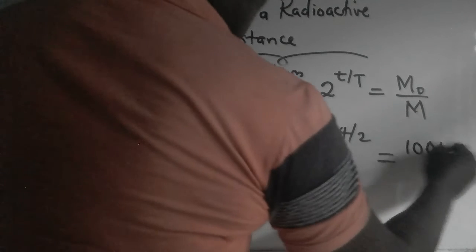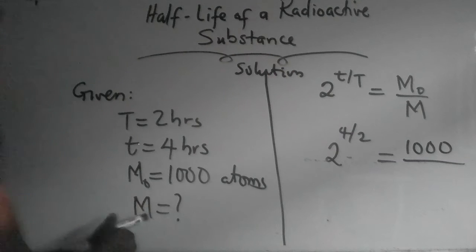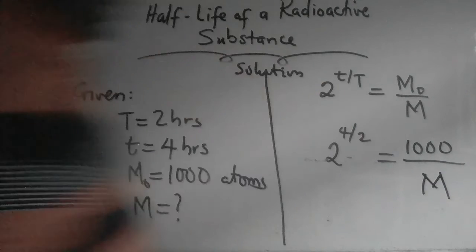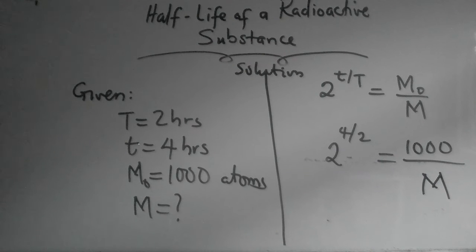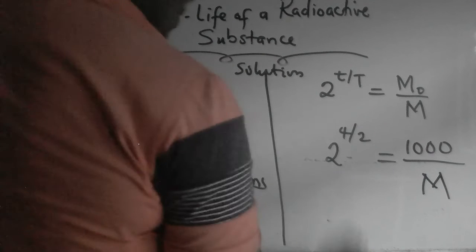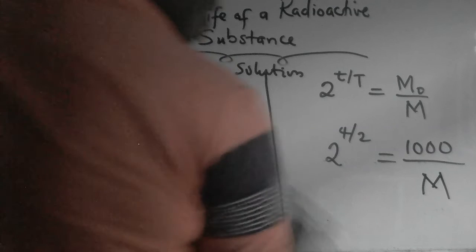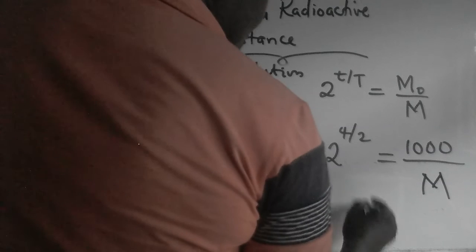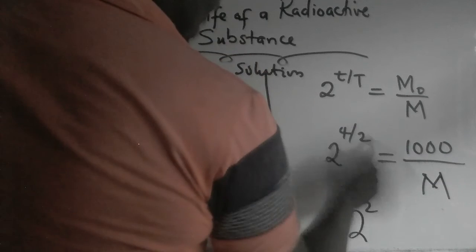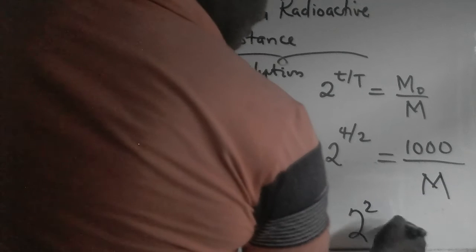So we write 1,000 divided by N, as for the final number, we do not know it. In fact, that is what we are looking for. So we write capital N here. So next, we have 2 raised to power 2, for 4 divided by 2, that gives us this 2 here. Is equal to 1,000 divided by N.